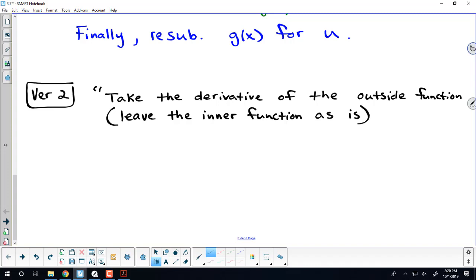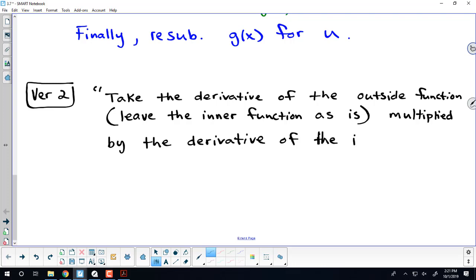Then you multiply that by the derivative of the inner function. That's how we can read or interpret that in words.